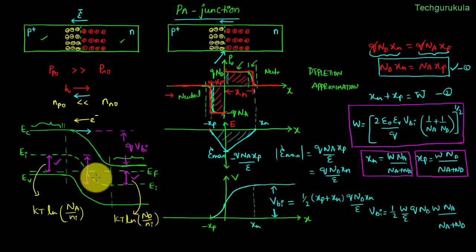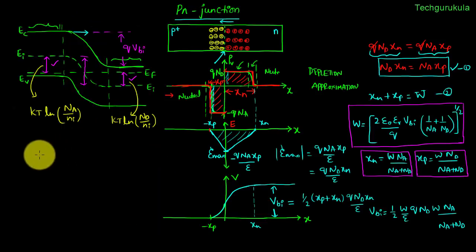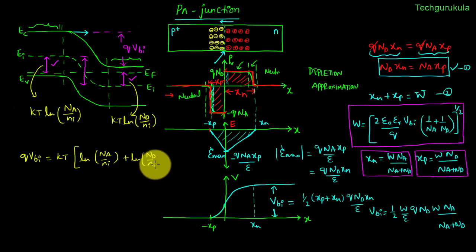Now addition of these two terms would give us Q times VBI. So Q times VBI would be KT times ln of Na over ni plus ln of Nd over ni.